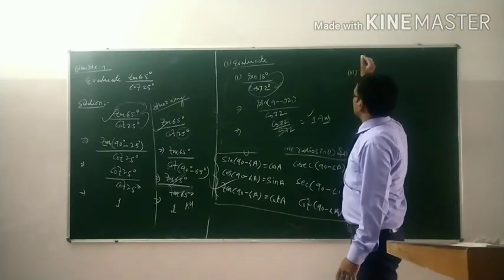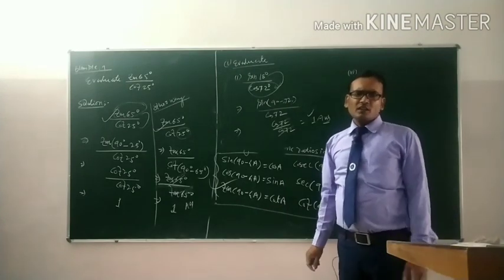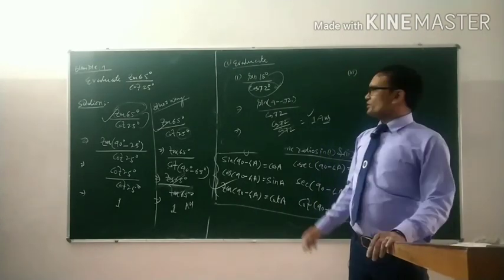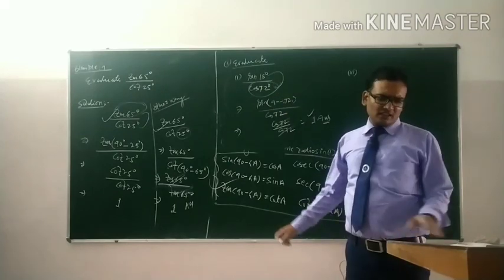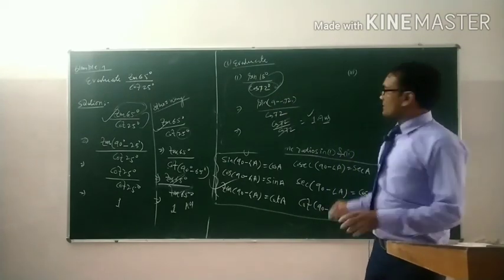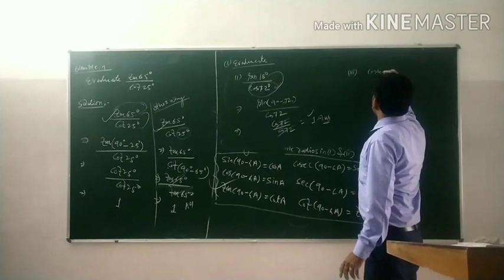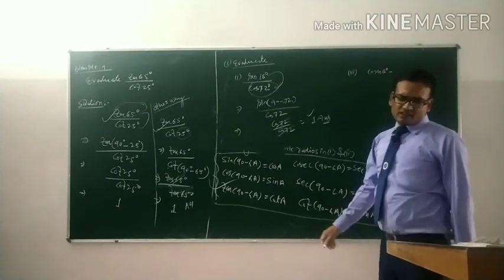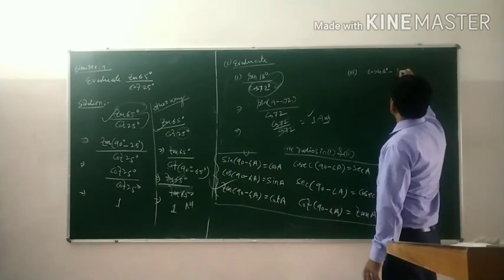The second part of this question is the same as the first part of question number 1. Cos 48 minus sin 42.